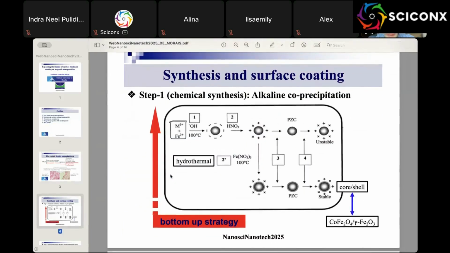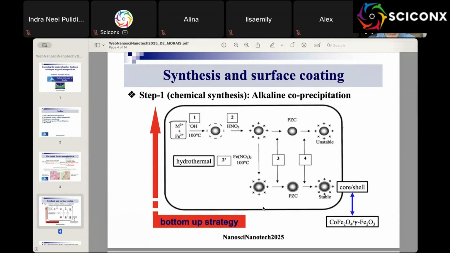So briefly, here is the standard synthesis of cobalt ferrite nanoparticles. This process can be used to synthesize many different cubic ferrite nanoparticles. It is chemical co-precipitation in alkaline medium.